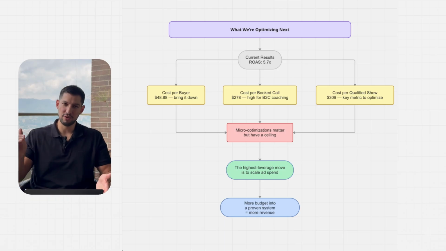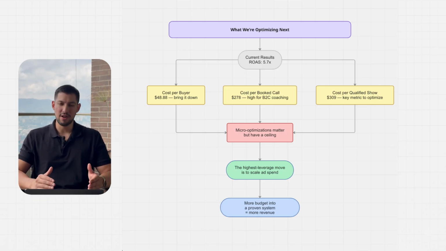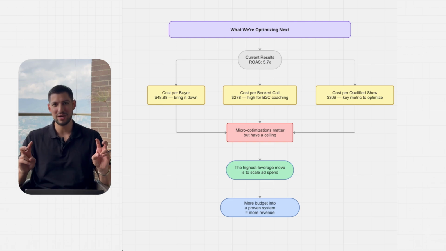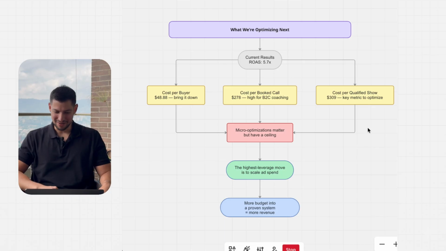That would be something we're looking to work towards. But if you're not there, as you can see here, you can still be profitable even if you're not liquidating ad spend, which is something a lot of people sometimes go a little too hard on. It's okay. You'll still be profitable. But cost per buyer for the ticket to the webinar is something we want to bring down.